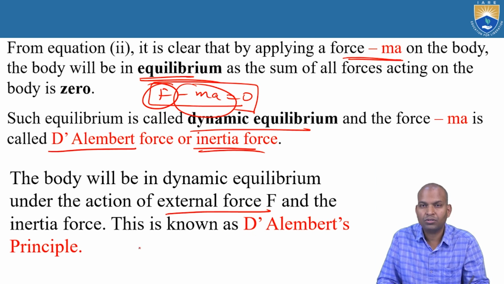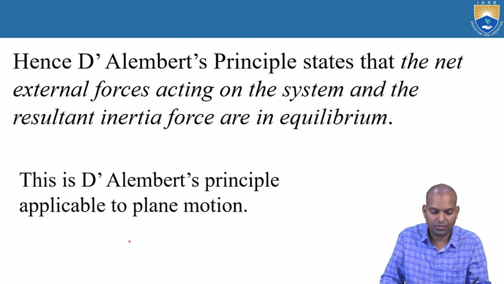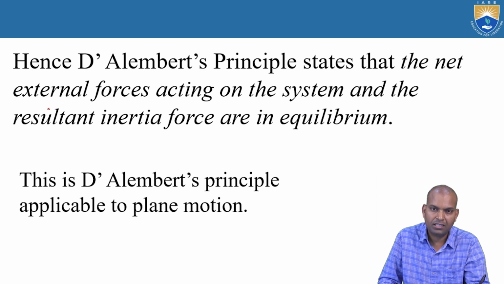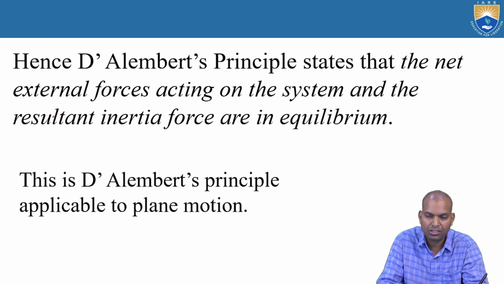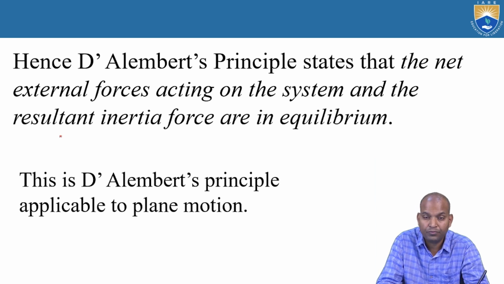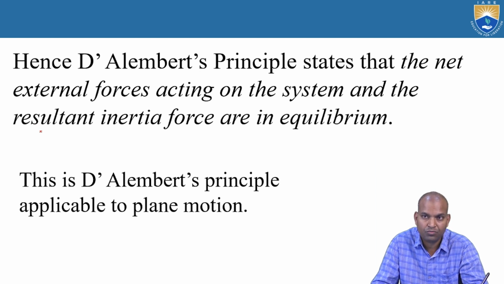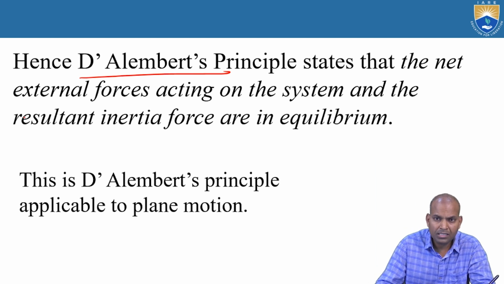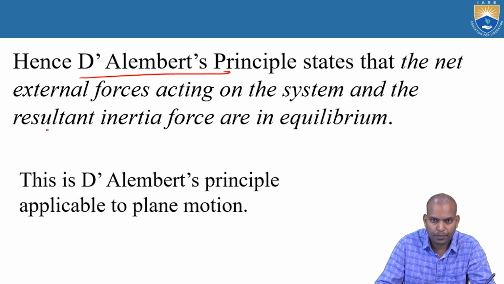This is known as D'Alembert's principle. D'Alembert's principle states that the net external force acting on the system and the resultant inertia force are in equilibrium. That's what D'Alembert states. This principle is applicable to plane motion.